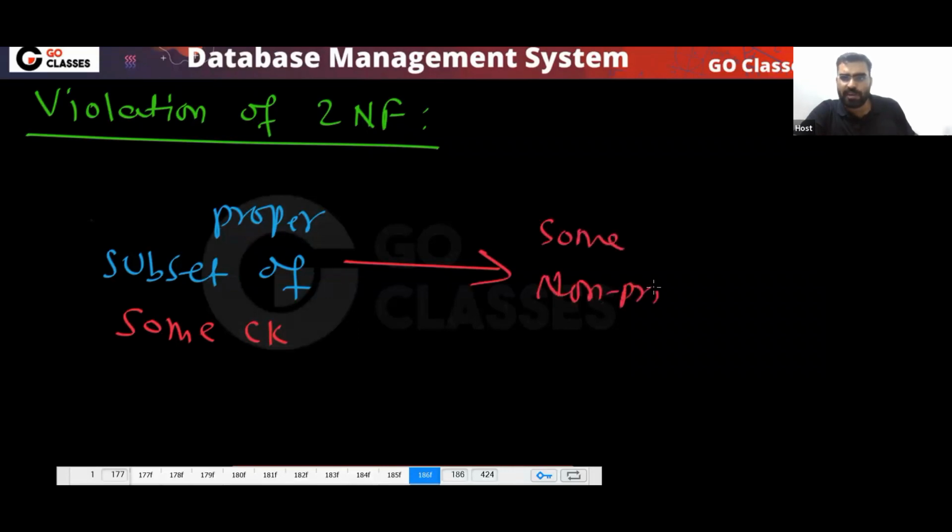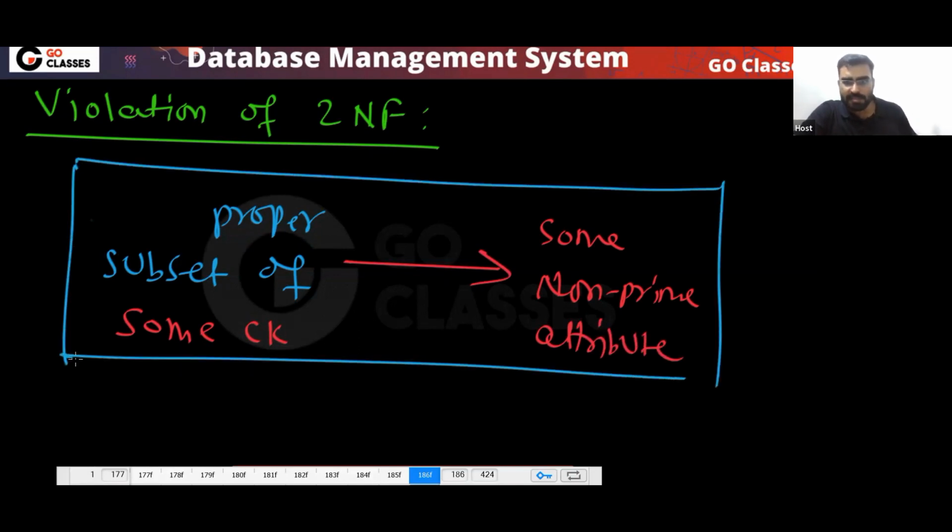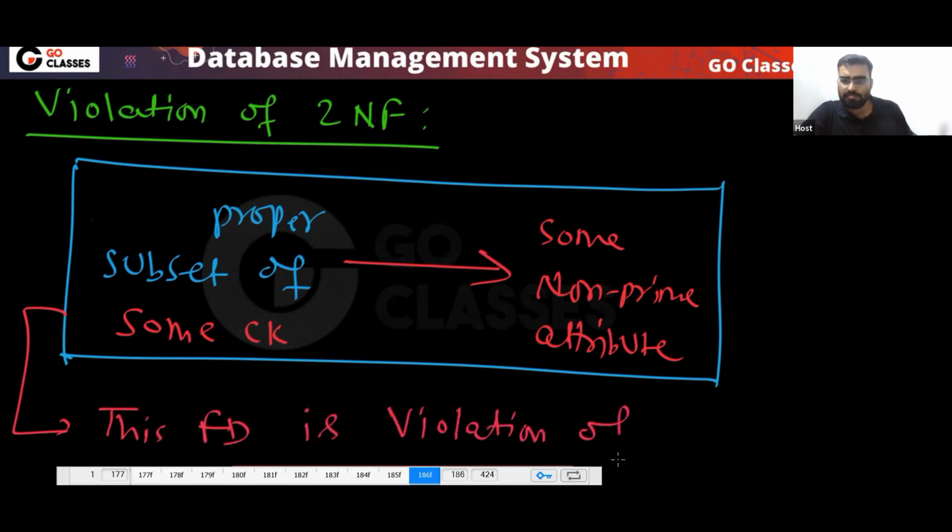This is the easiest way of checking whether your relation is in 2NF or not. If you have this type of FD, this FD is a violation of 2NF.